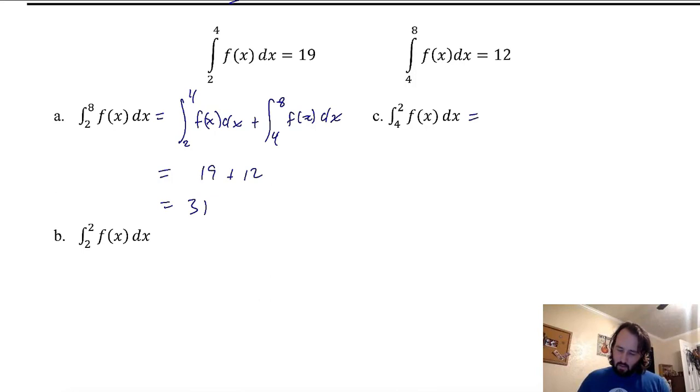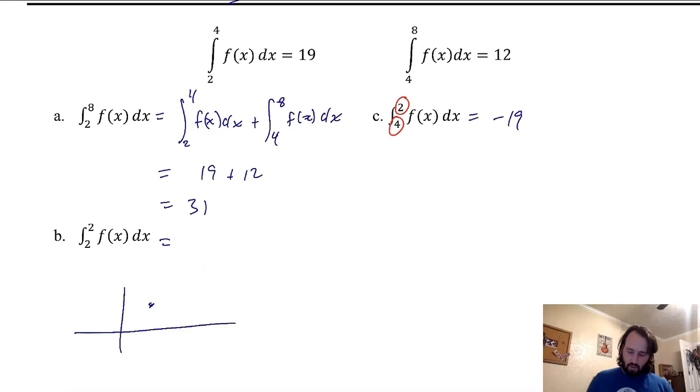All right, notice here I'm going from 4 to 2. So what they're doing is reversing the order, and this actually just negates the area. So this becomes negative 19 units. It's going in the opposite direction. From 2 to 2, that is just trying to do the area under a point, no matter what my curve is.